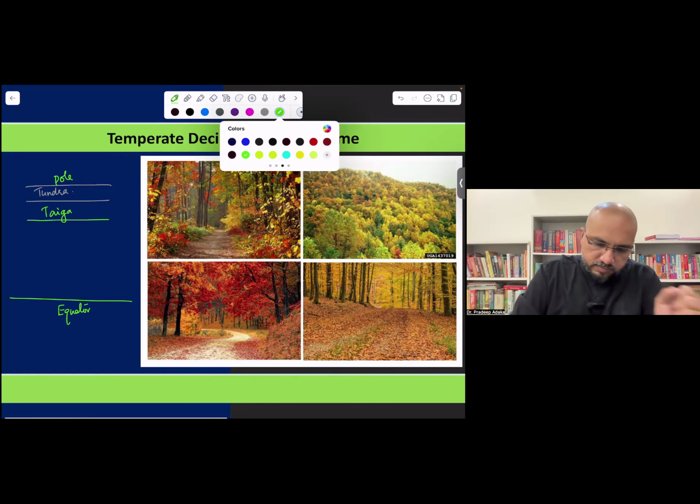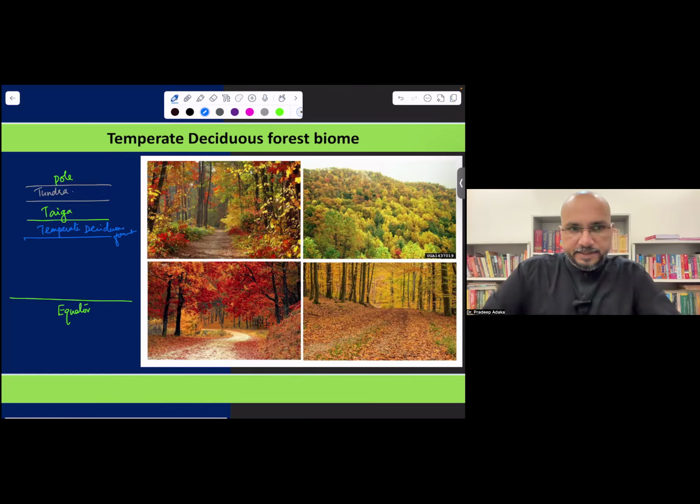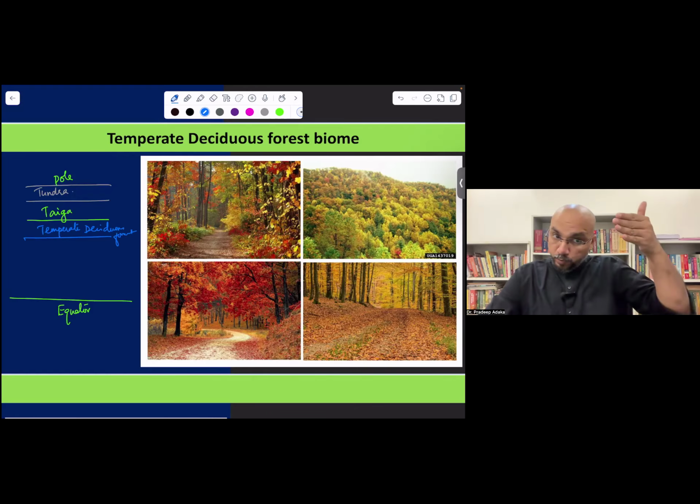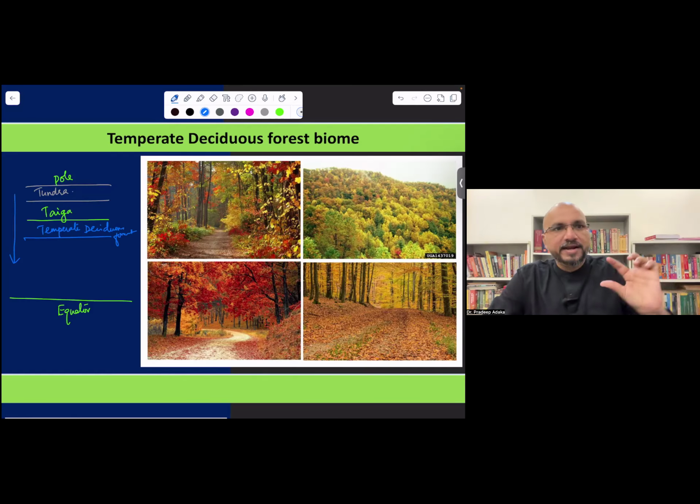Okay, what color should I use? Let me use this one. This is temperate deciduous forest. So from the poles towards the equator, taiga biome is between tundra and temperate deciduous forest.